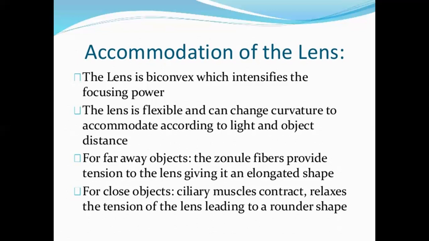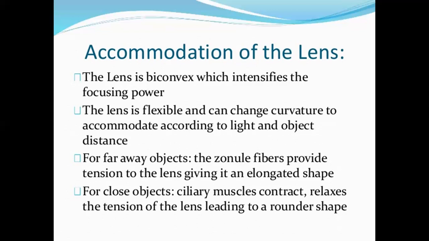But if the object is near to our eyes, the eyes see that object in a proper way. So the lens is flexible and changes its curvature, and according to the curvature it sees the image.